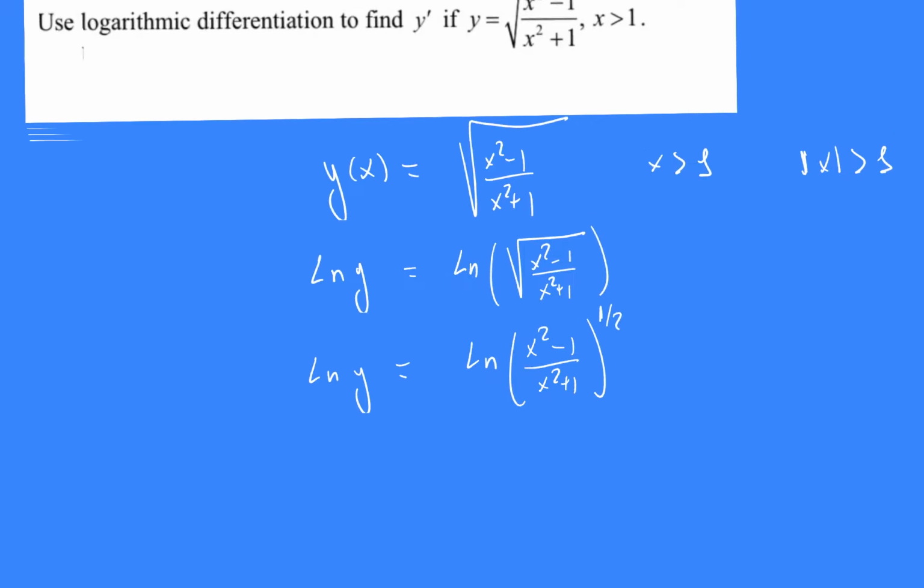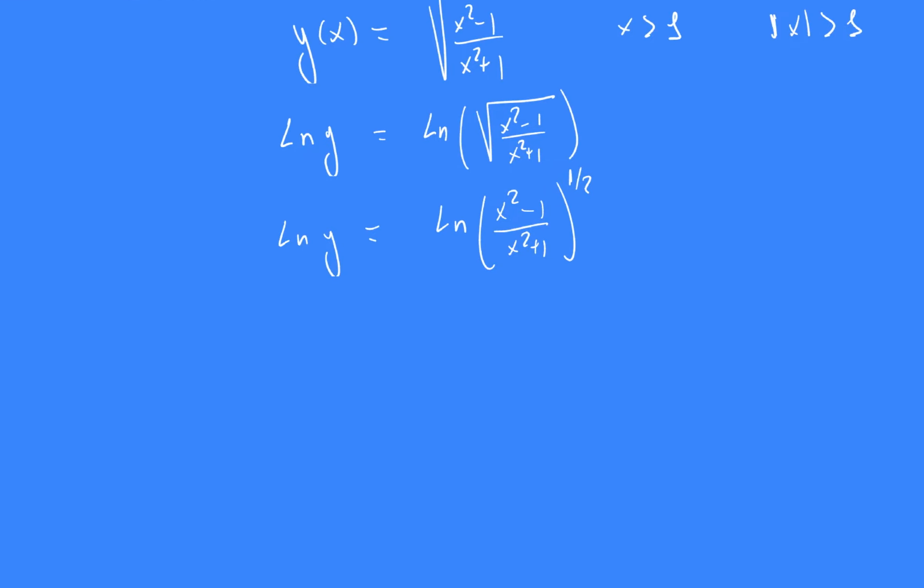And applying a property from the logarithms, I know that the natural log of a to the x is x by the natural log of a. So it's 1/2 by the natural log of x squared minus 1 divided by x squared plus 1. And now I can do the derivative.